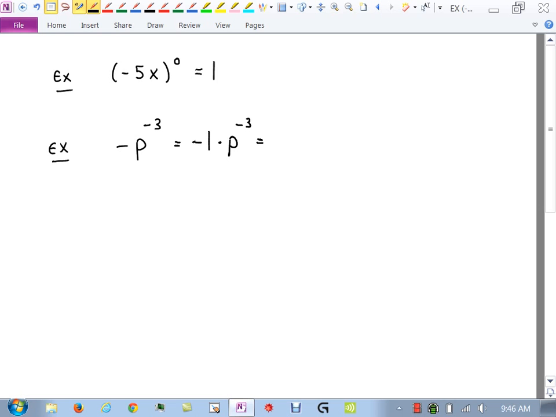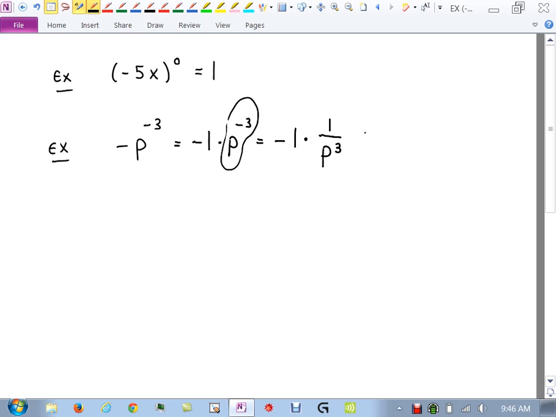And then how can I rewrite p to the negative 3? Use the property 7. 1 over p to the positive 3, right? The property allows you to rewrite this so it doesn't have a negative anymore. What you have to give up, though, is you have to put it in the bottom as a denominator.